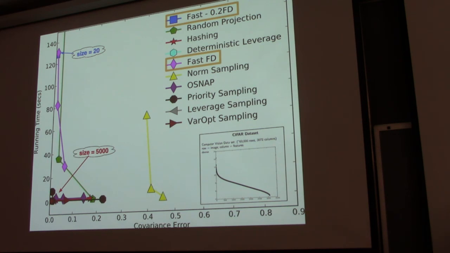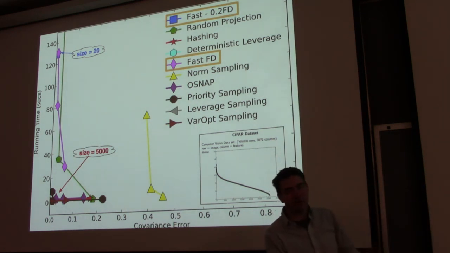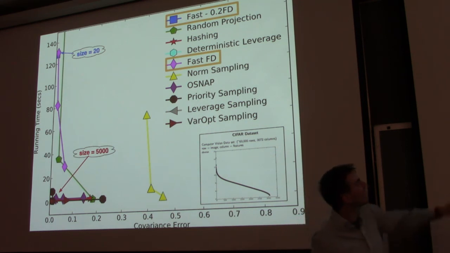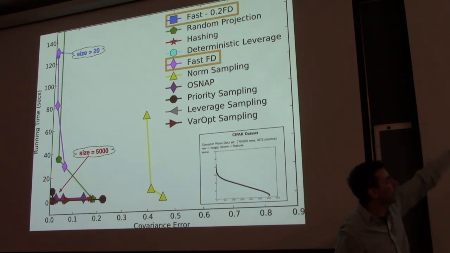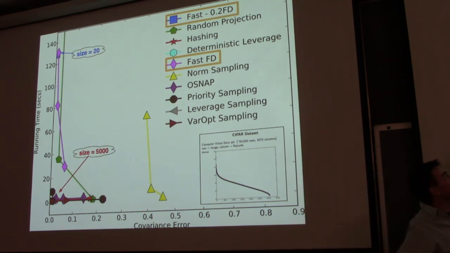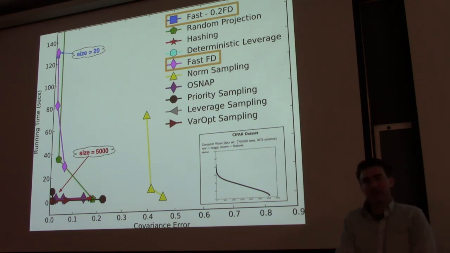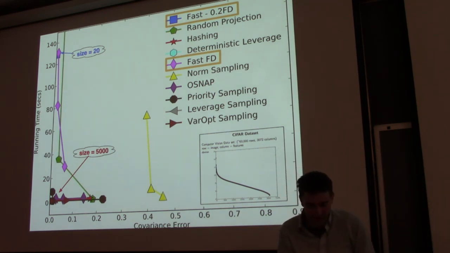These are the frequent directions algorithms, and they get roughly the same error of size 20 instead of size 5,000. But the running time is more, right? These are super fast, and these take longer.